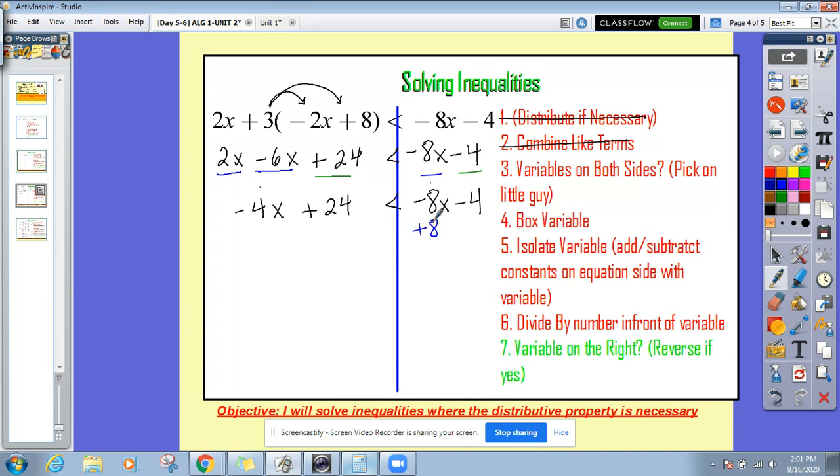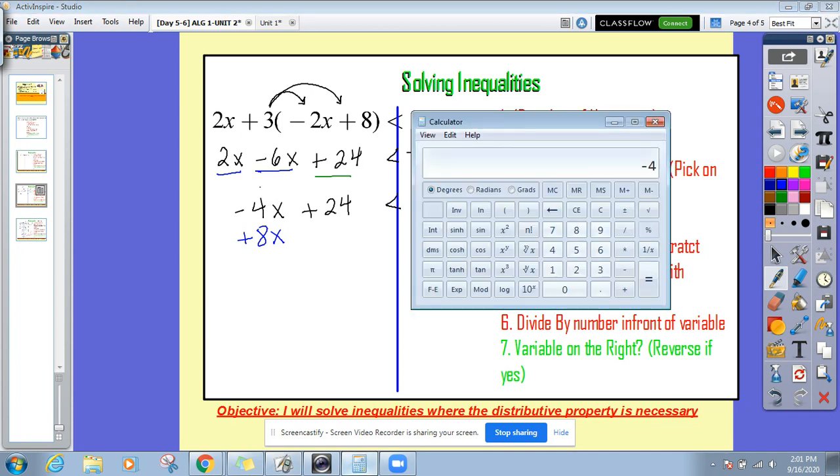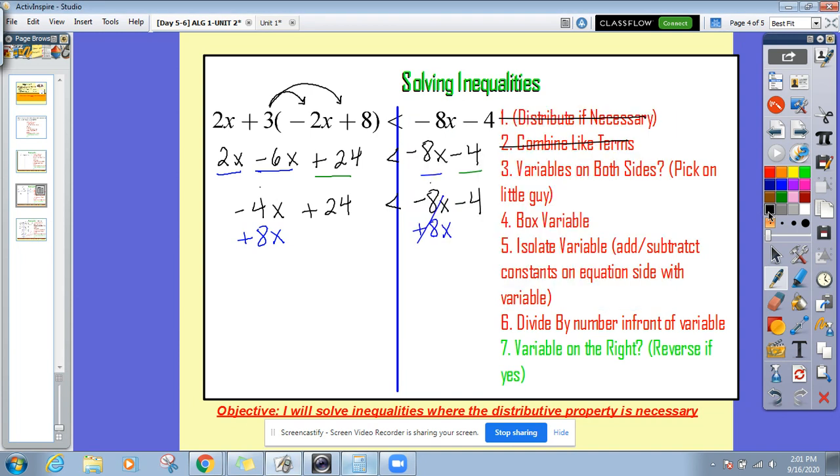I'm going to add 8x to both sides. That will get rid of that. And we have -4 plus 8, we get 4. So I have 4x plus 24 is less than -4. We've got rid of the little guy.